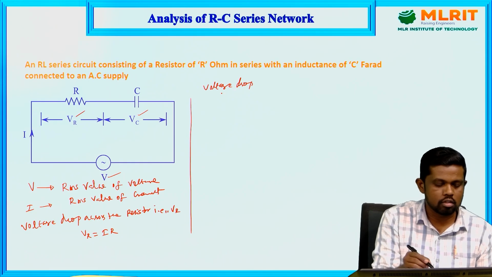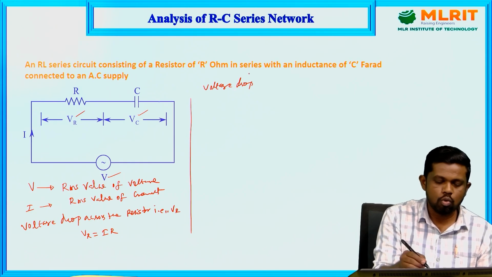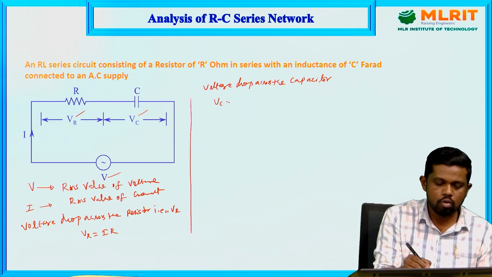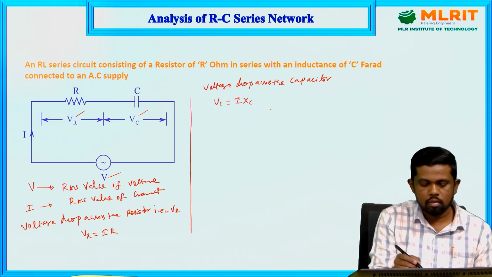In this case, VC is the voltage drop across the capacitor, and according to Ohm's law, VC equals I into XC.